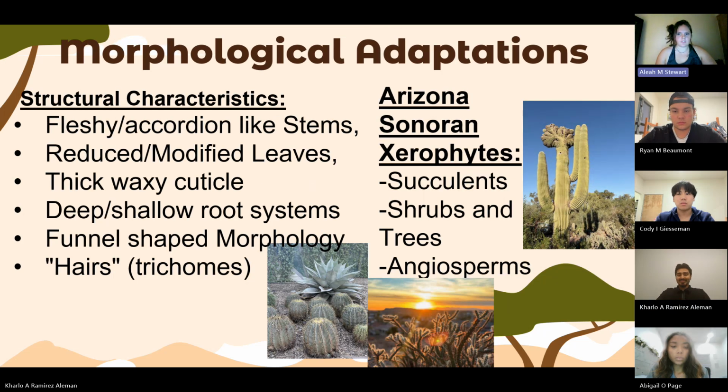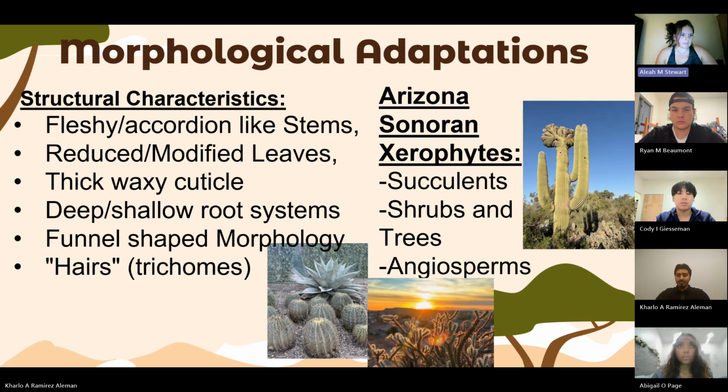So for the morphological adaptations, I'm going to cover three types of xerophytes. We have succulents, shrubs and trees, and angiosperms. Some of the structural characteristics that you can see in desert plants include fleshy accordion-like stems, such as in the saguaro cactus.